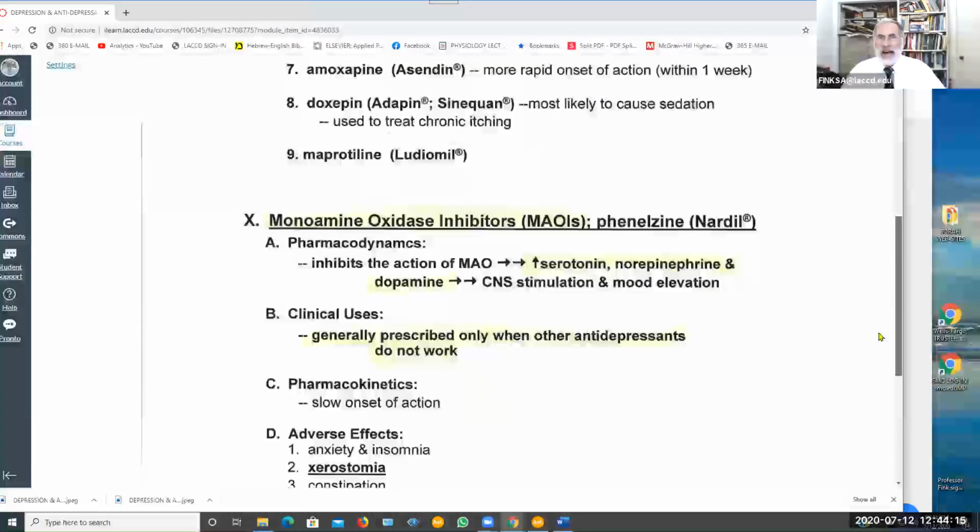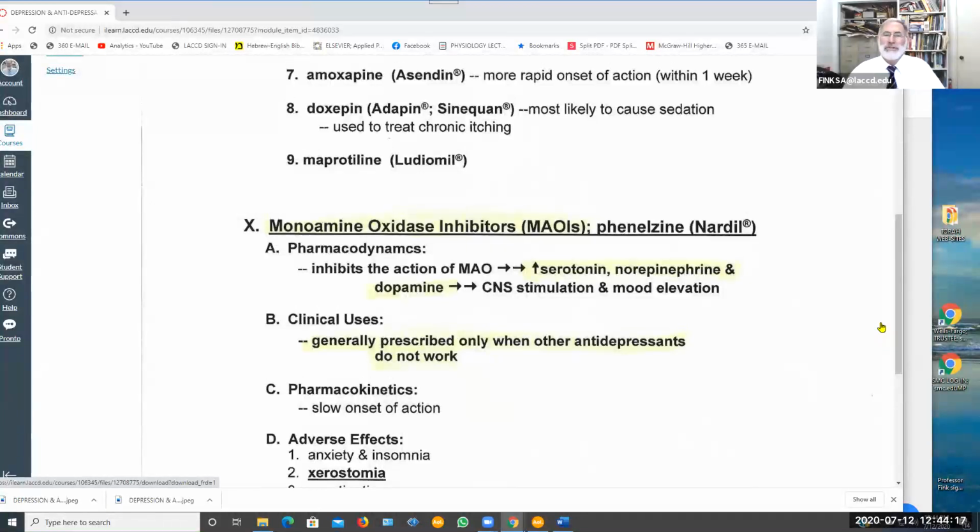The last class of drugs that are used as antidepressants that we'll mention are the MAO inhibitors, the monoamine oxidase inhibitors. Now, monoamine oxidase, MAO, is the enzyme that breaks down catecholamines like norepinephrine and dopamine. And so these drugs inhibit the enzyme that breaks down these neurotransmitters.